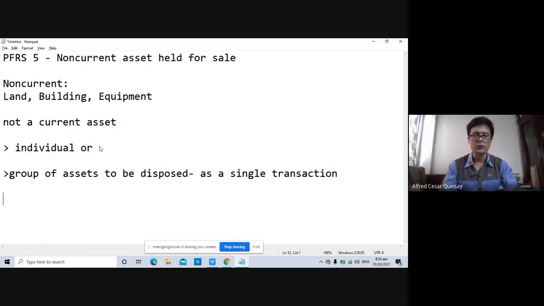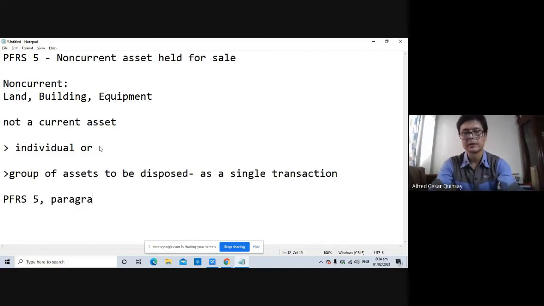So nakalagay dito, yung non-current asset held for sale, PFRS number 5, paragraph 6. Paragraph 6 provides that a non-current asset or disposal group is classified as held for sale if the carrying amount will be recovered principally through a sale transaction rather than through continuing use.